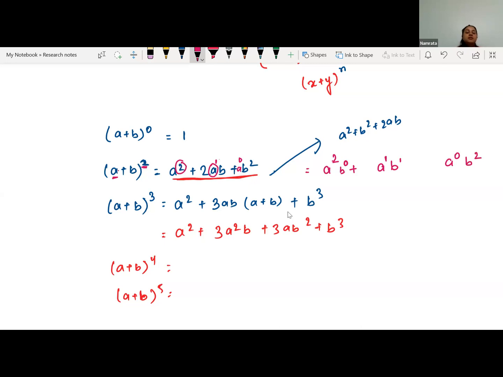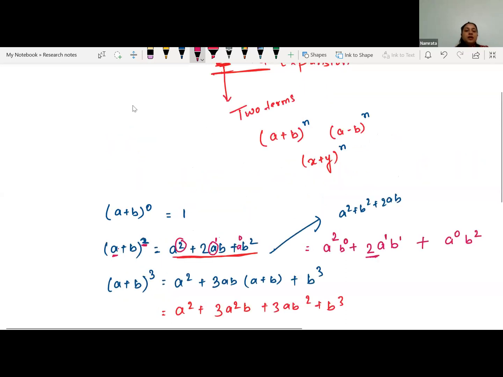Can you see the pattern? And here we are getting twice ab. From where this 2 came, we will discuss just after a while. But are you understanding how the pattern is going on for a and b?